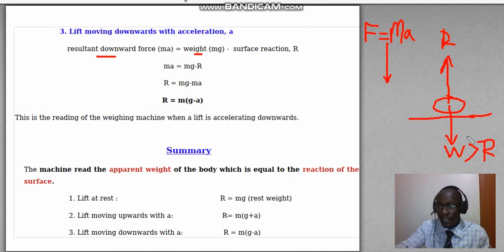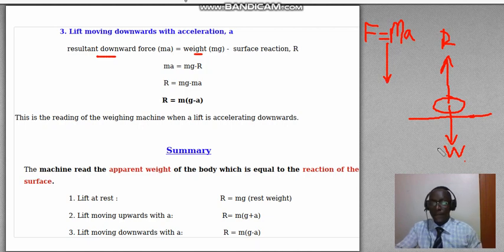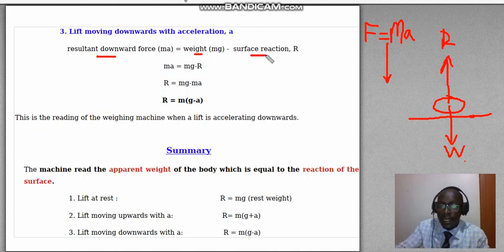If you look at it, you'll find that these two are in the same direction. We have the weight in this direction, we have the net force in this direction. So these two must be written with the same sign. Then minus the surface reaction, which is the only force that is in the opposite direction.